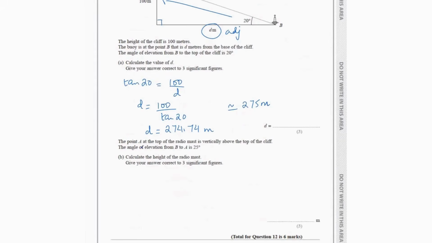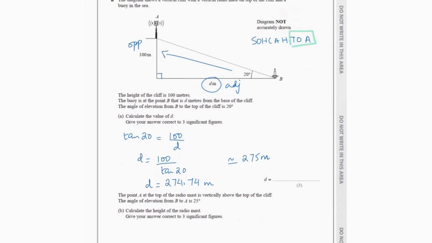Then it's saying that the point A at the top of the radio mast is vertically above the top of the cliff. The angle of elevation from B to A is 25 degrees now. Calculate the height of the radio mast. So we'll draw another line over here. And according to them, this angle is now 25.